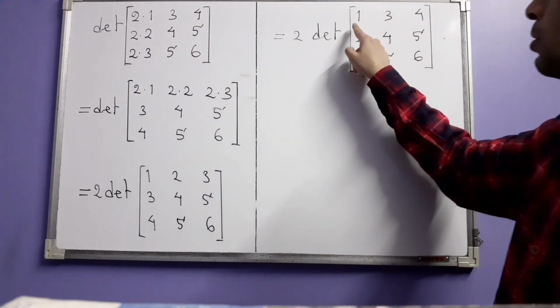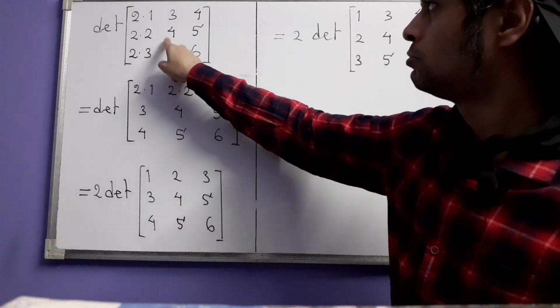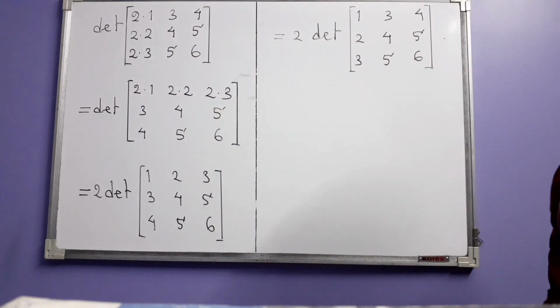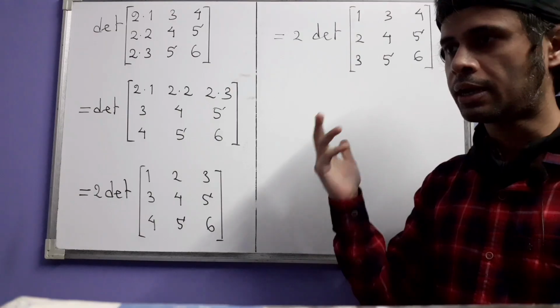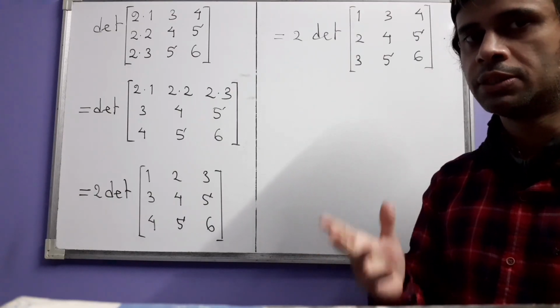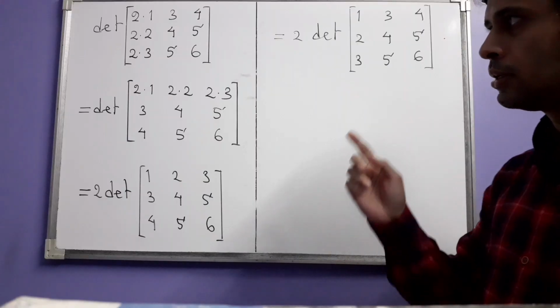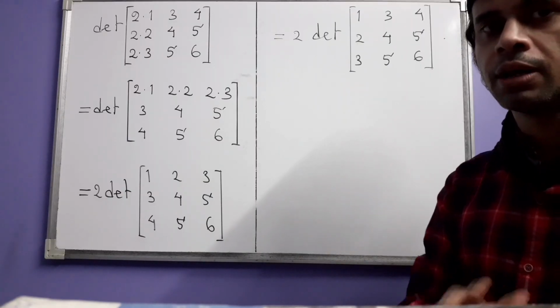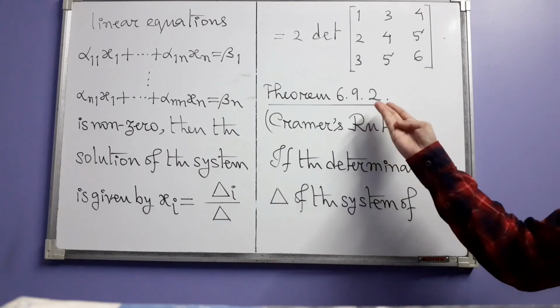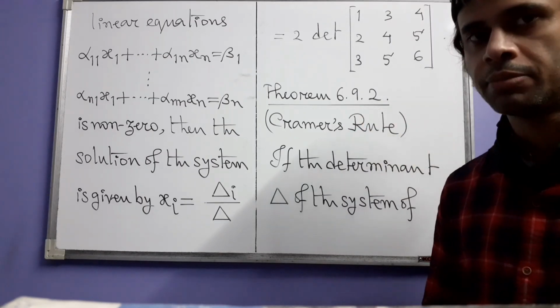So like that, the other lemmas which involve the other row operations have their corresponding column versions.